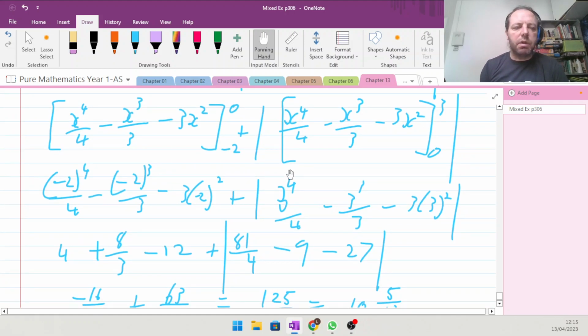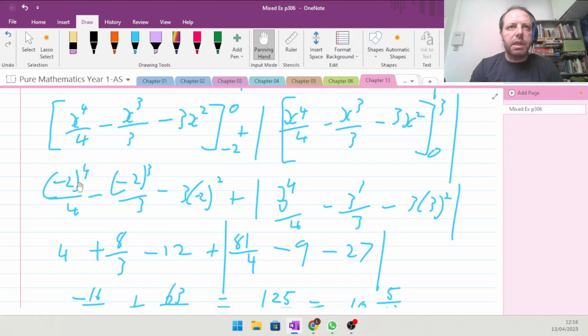Okay, yes, it's going to minus 2. So minus 2 to the power of 4 is 16. 16 divided by 4 is 4. That's grand, so happy with that one. Minus 2 to the power 3 is minus 8 divided by 3. 8 over 3 with the minus in front of it, so it becomes a plus.